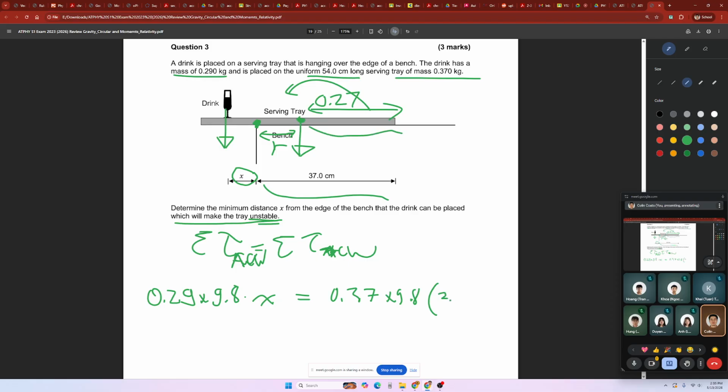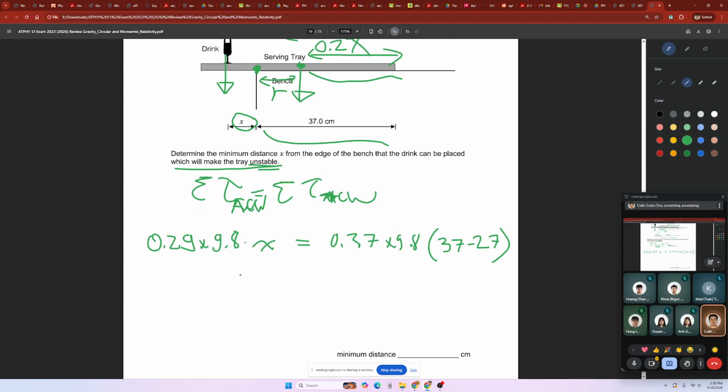So we got 37 minus 27. Now that's an easy number to do in your head, and then we should be able to find the rest of this. Okay? We don't know what this is, but we know where that is. Whatever that is equals A divided by that.